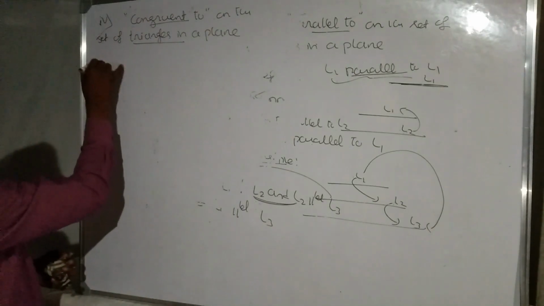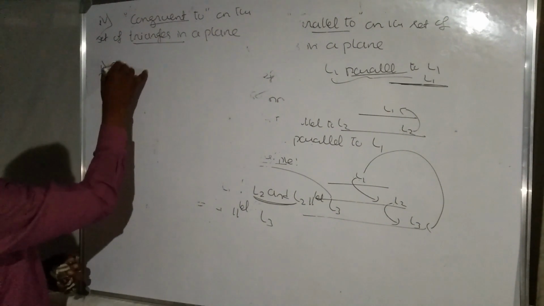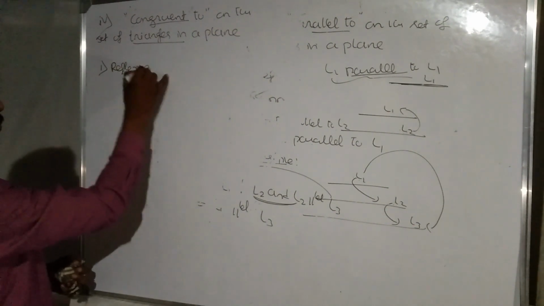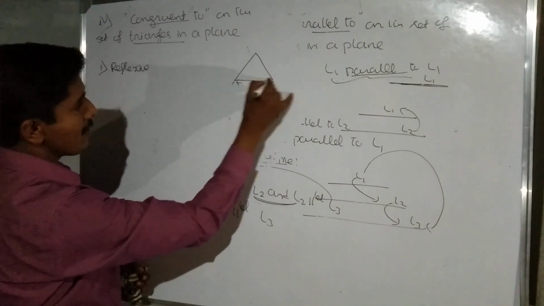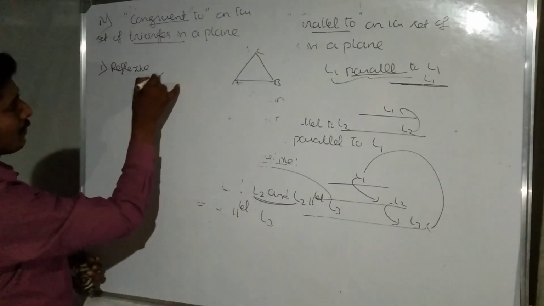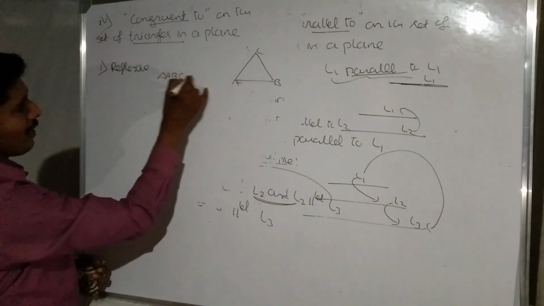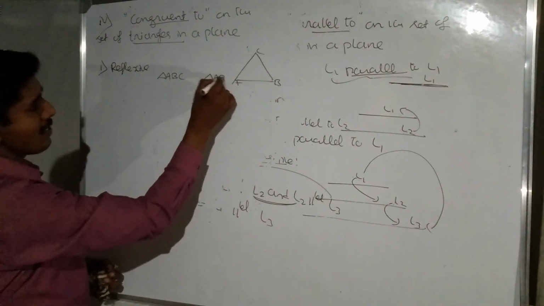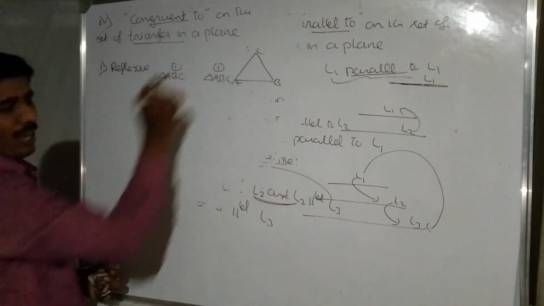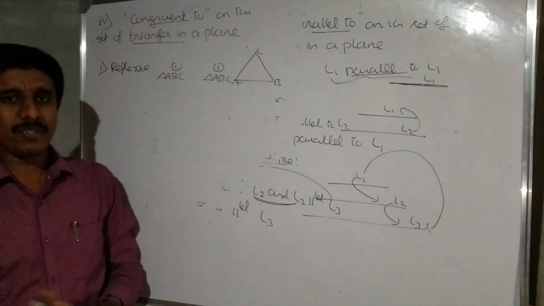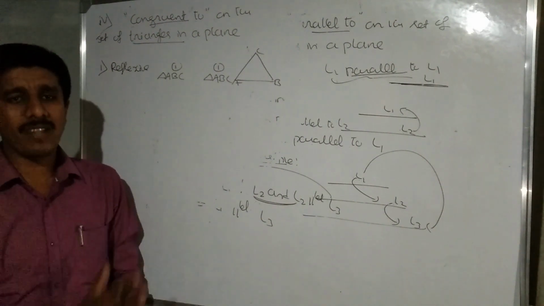First one, reflexive. I am taking one triangle ABC. Triangle ABC is congruent to triangle ABC. Same, only one triangle. We know that every triangle is congruent to itself.